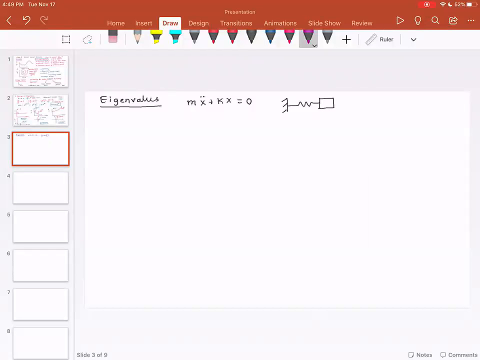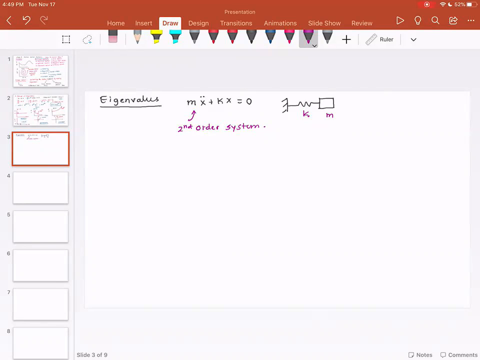So this is mass m, this is the spring stiffness k. Now this is a second order system. Now what I want to do is, and probably you have noticed this, when we studied the ODE and the Lagrange equation, the final answer was in the first order form.